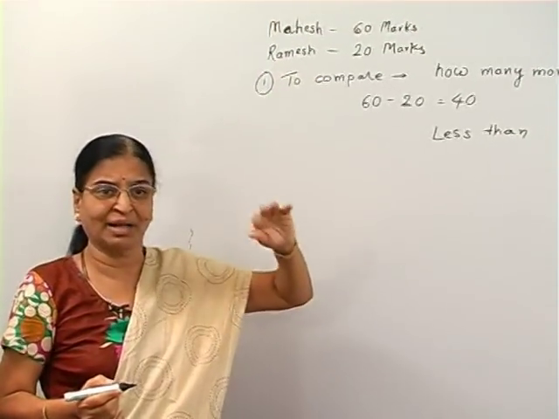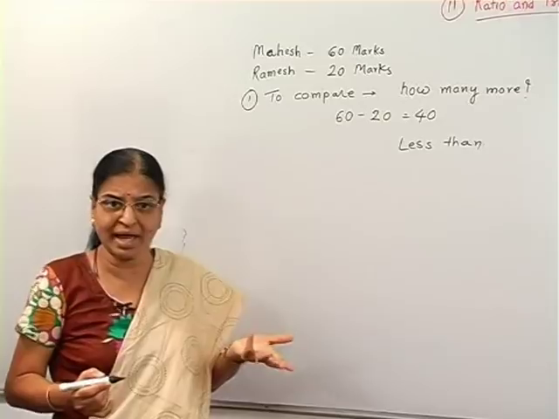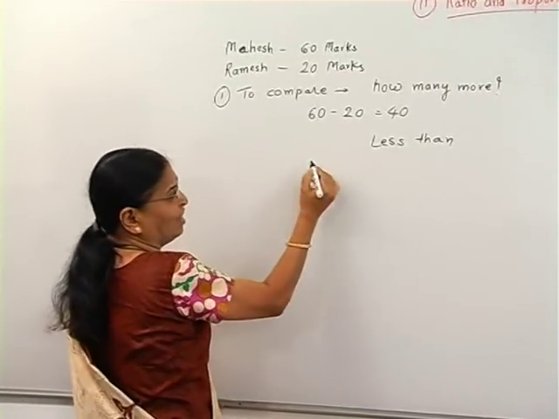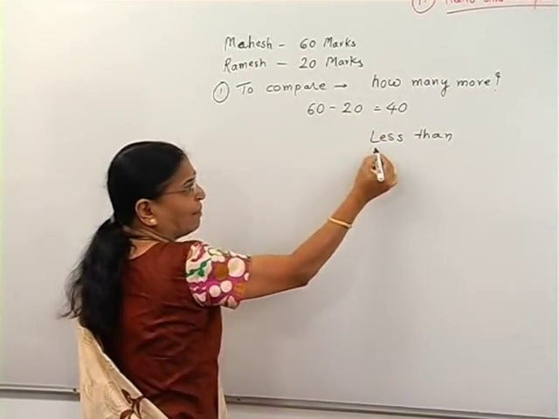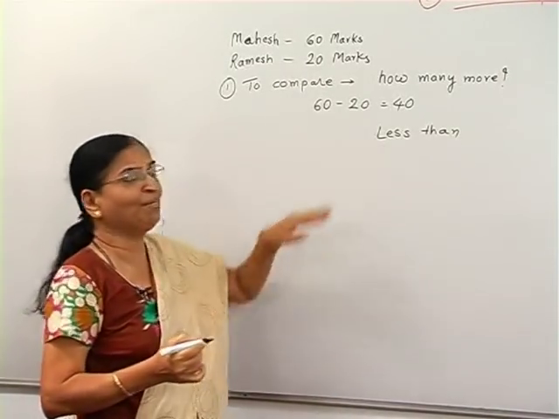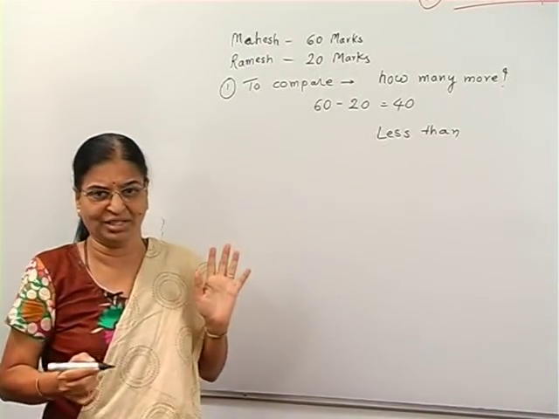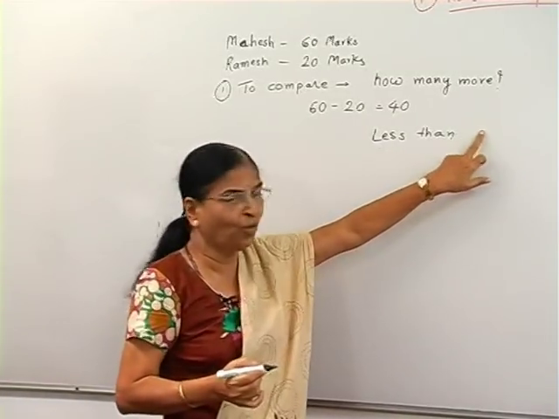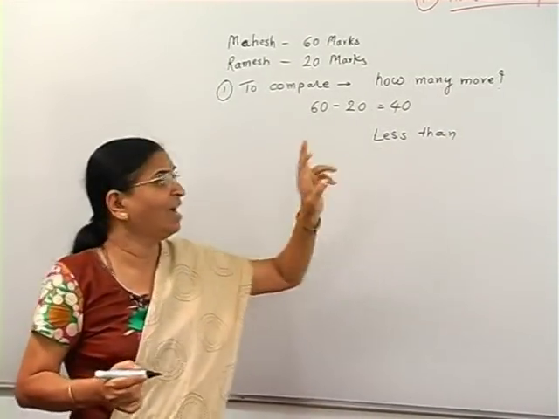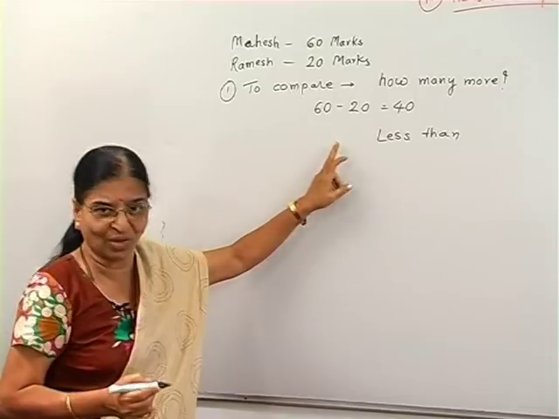Ramesh got fewer marks than Mahesh, but how much less? For less than, we can do the same thing and answer that Ramesh got 40 marks less than Mahesh. So less than whom is a very important thing, and who got it is also very important.